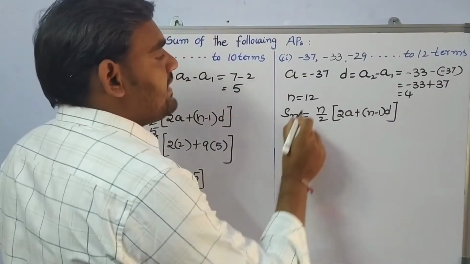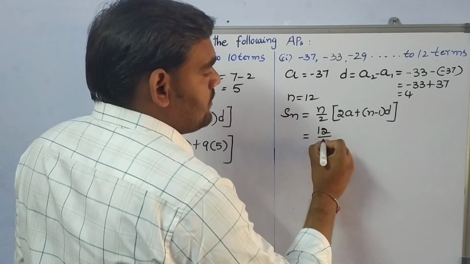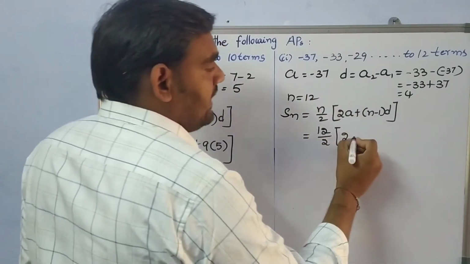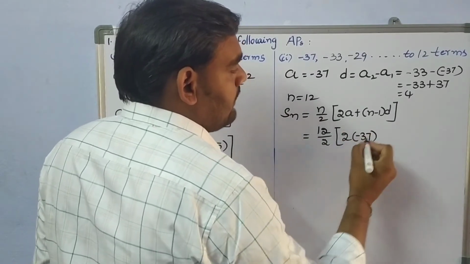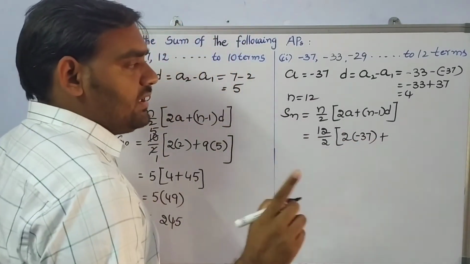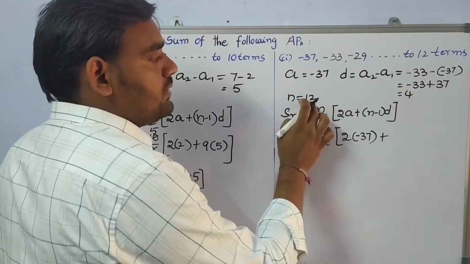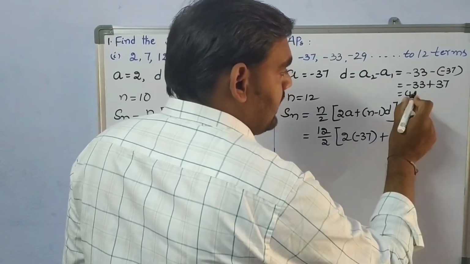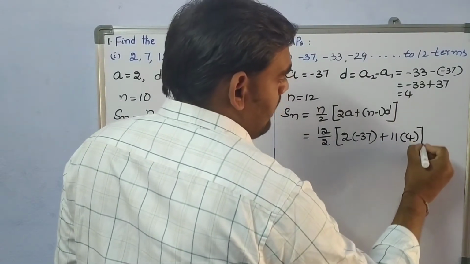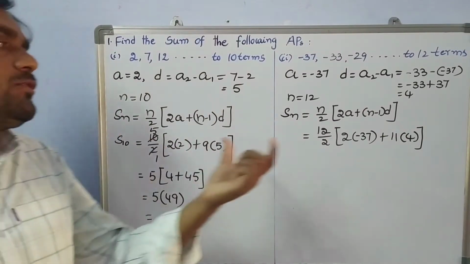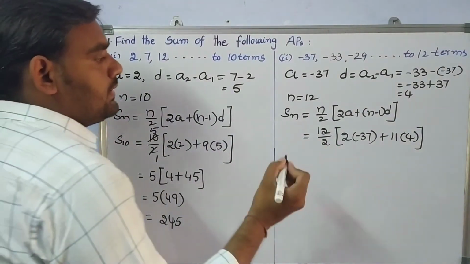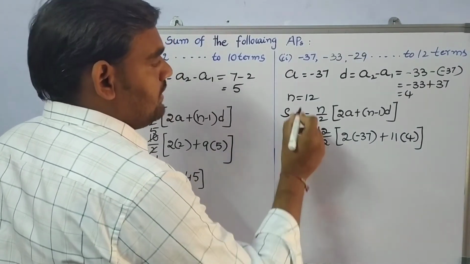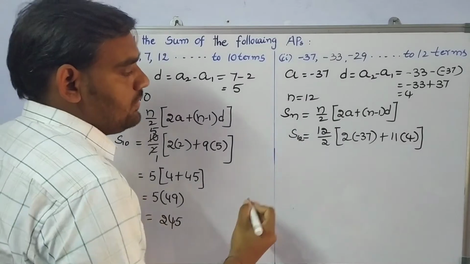So here n is nothing but 12, 12 by 2 into 2a. a value is minus 37 plus n minus 1 into d. n is nothing but 12, n minus 1 is nothing but 11, 11 into d, that is 4. Is it clear or not? We need to substitute the values. That's it. So here this will be S12, n is nothing but 12.